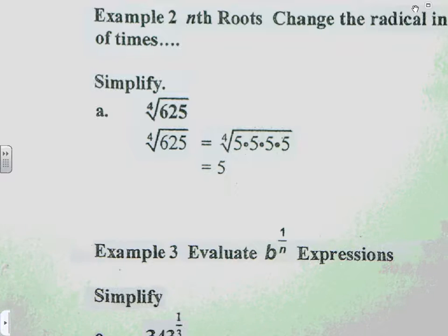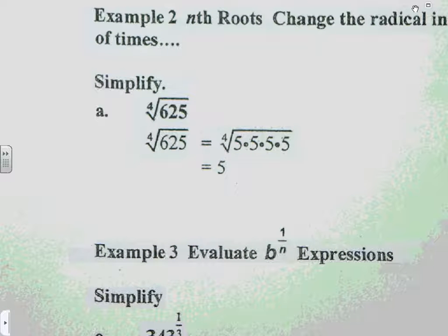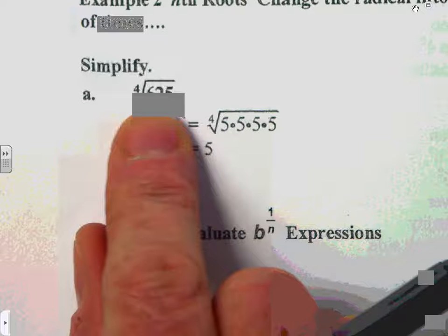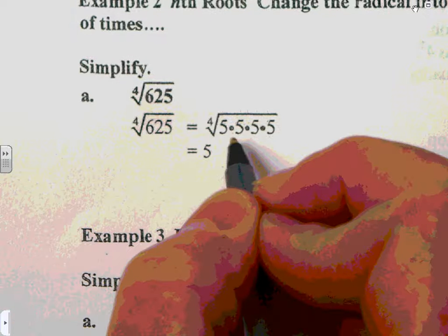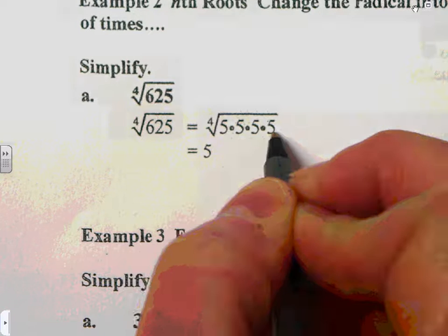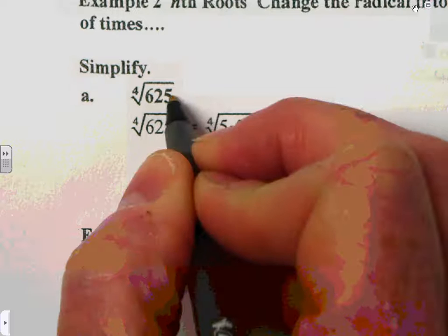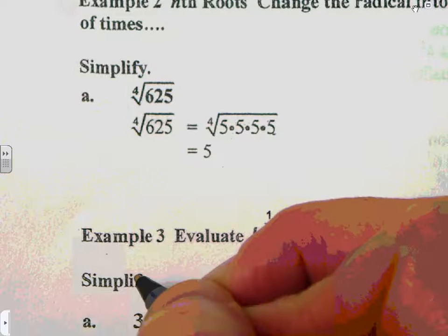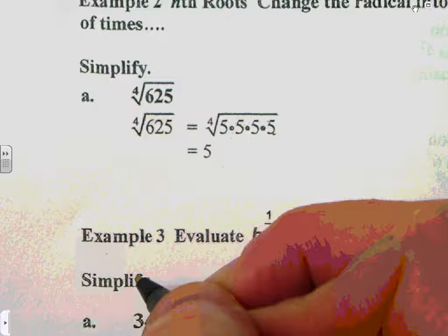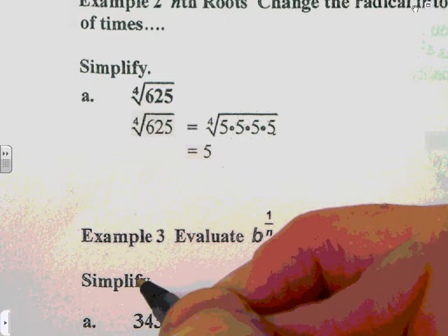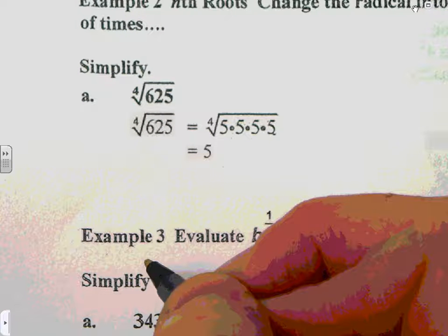All right, so I'm looking for the 4th root. What that means is I need a number times itself 4 times that would create 625. This is going to be a guess and check sort of lesson, so I'm going to use a little bit of common sense.